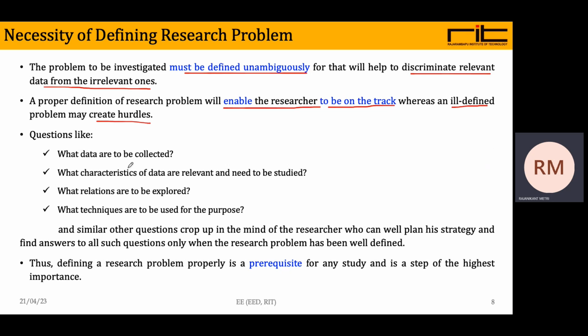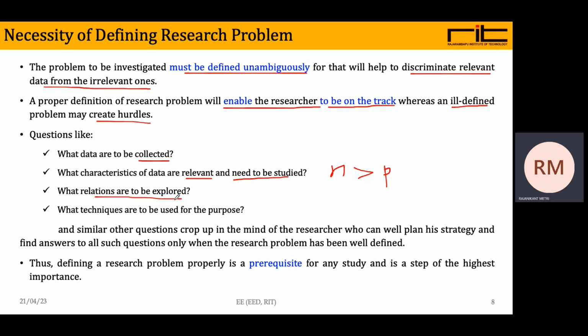So how can we verify this? You can ask questions like: what data are to be collected for solving our research problem? What characteristics of data are relevant and need to be studied? There may be n number of data, but only p number of data is important, where p is less than n, right?